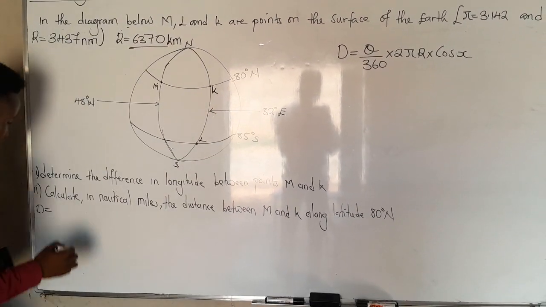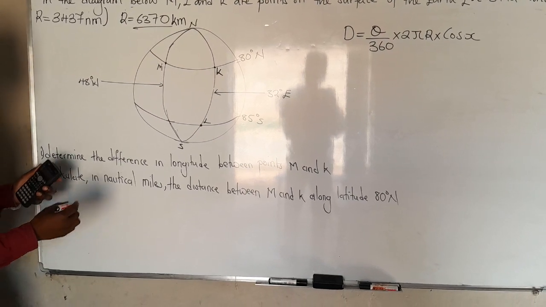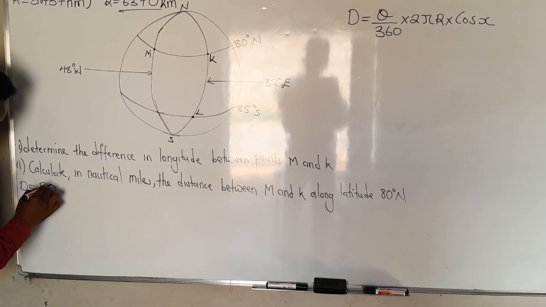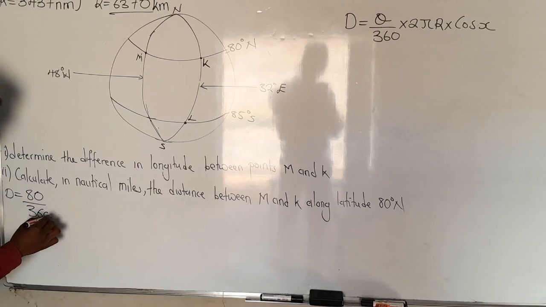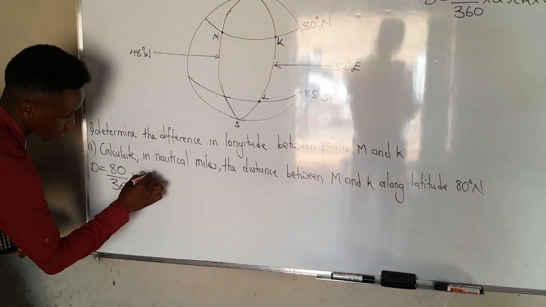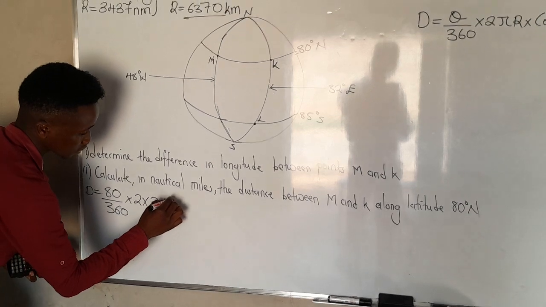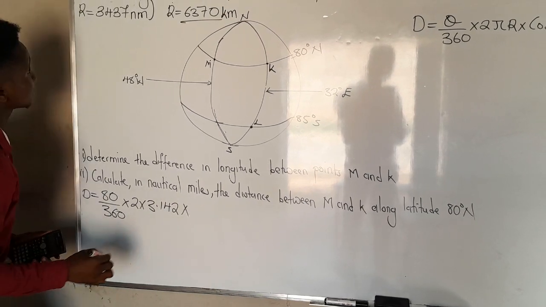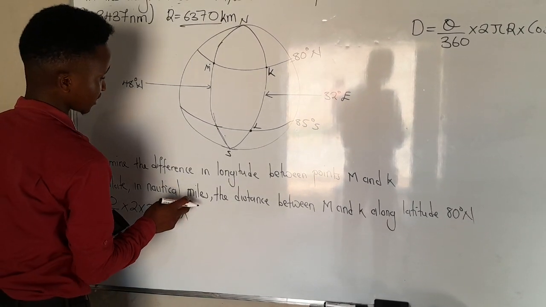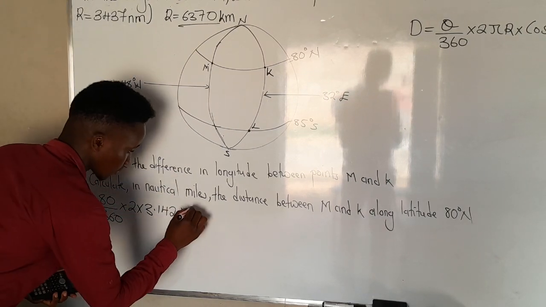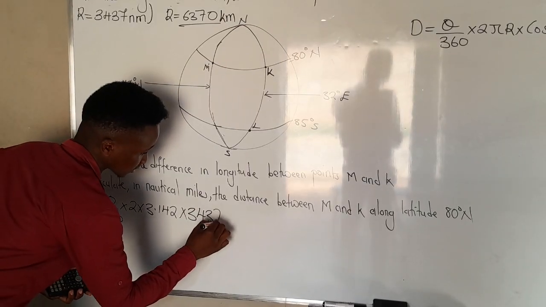So we said theta, we found the difference in longitude was 80. So I'll say 80 over 360 times 2 times pi, which I'm given as 3.142. Then times my radius. They've said I calculate in nautical miles, so this is my radius, which is 3437.